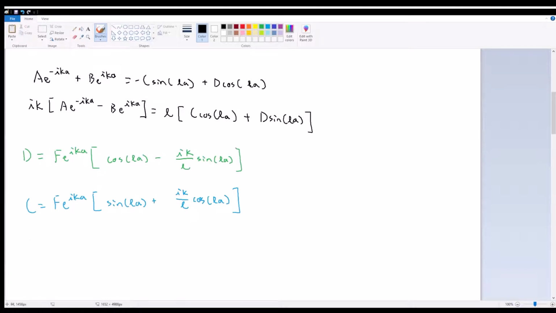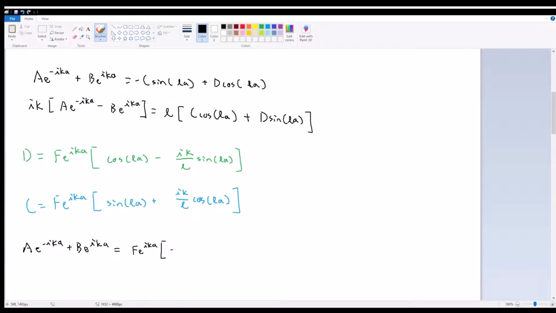The first expression is going to give us A e^(-ika) + B e^(ika) is equal to, let's see, negative F e^(ika) multiplied by, and then we multiply everything by negative sin(la).